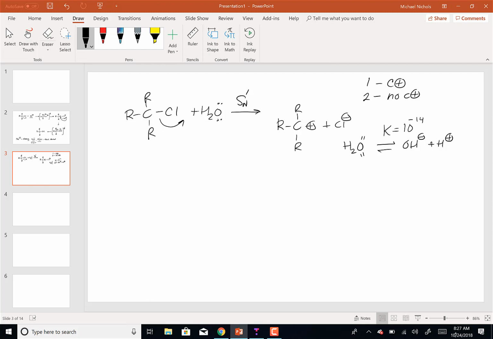I hope so. Right? Because when we solve it, we get the concentration of OH minus is 10 to the minus 7th, and the concentration of H plus is 10 to the minus 7th. What's the magic about 7? That's neutral pH. And what's the highest pH you can get? 14. So that 14 scale is set by that K, and it's basically the autoionization equilibrium of water.